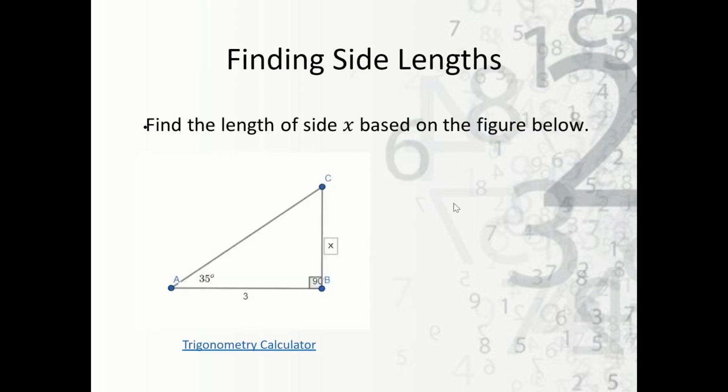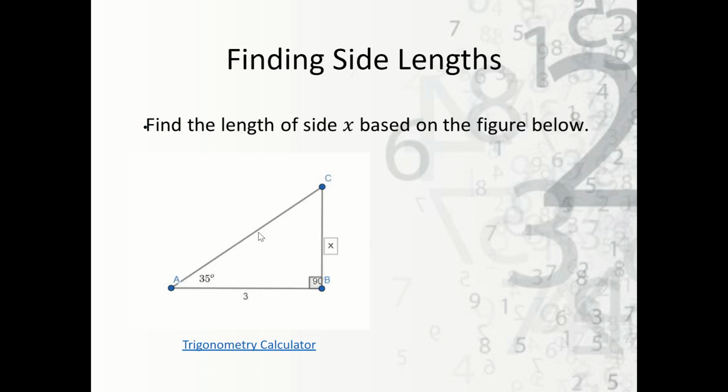Now how do we find side lengths? We're given a triangle here, and we're told that we need to find this length x. We know that this side is 3 and this angle is 35 degrees. First of all, we need to decide which trig function to use. We have an angle, and from this angle we have an opposite and an adjacent.